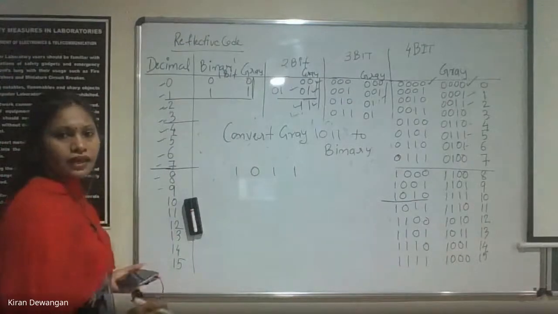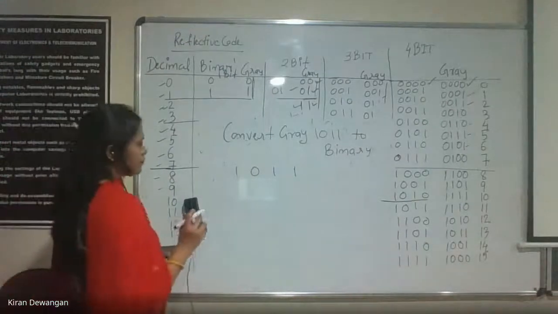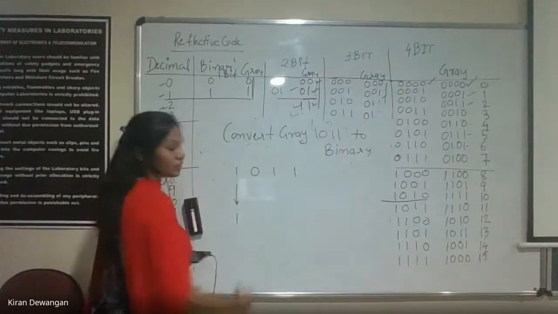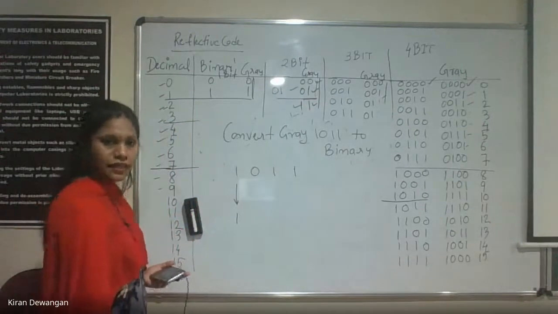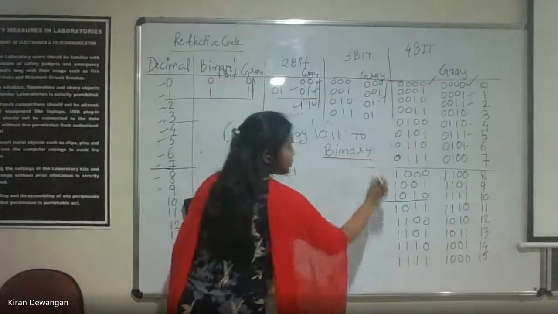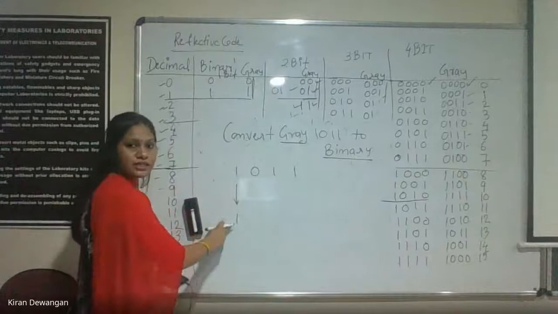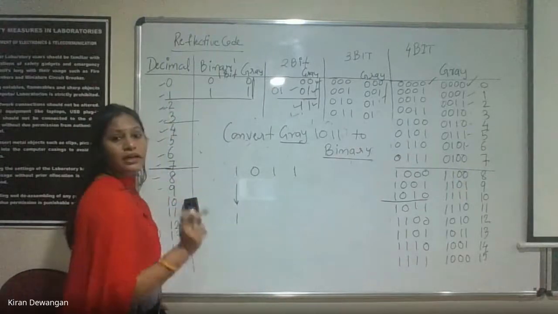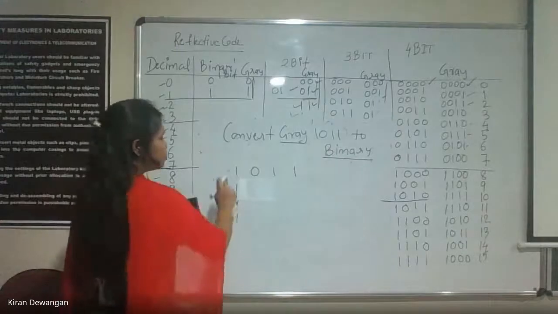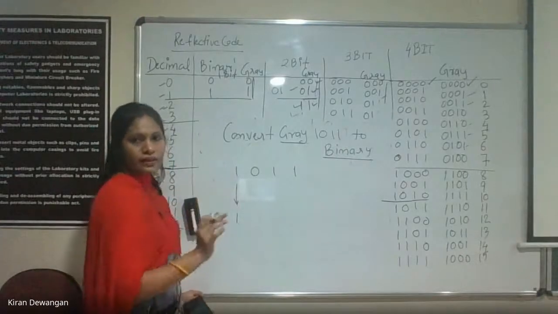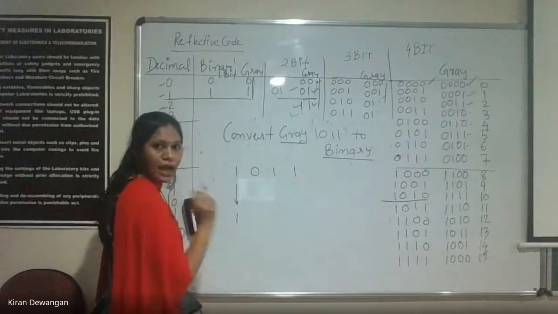Now we'll convert this to binary. As we know, the MSB is always the same. So in the conversion of gray to binary also, this will remain the same as it is. 1 will be taken as it is as 1. Whatever the MSB is, let it be 0 or 1, it will be taken as it is.